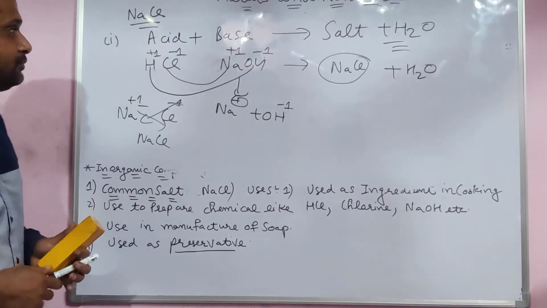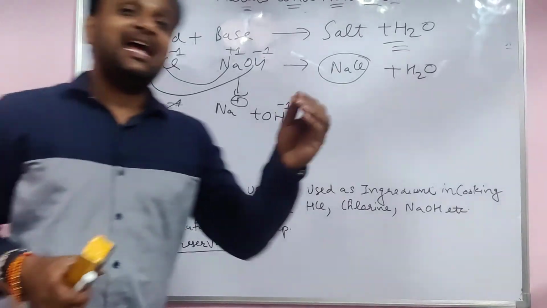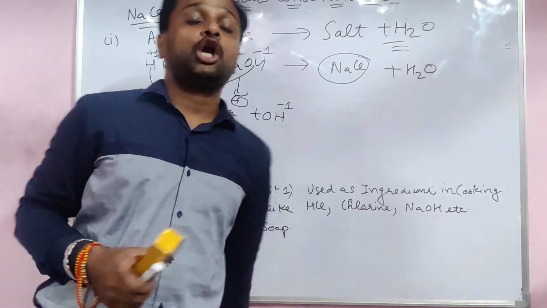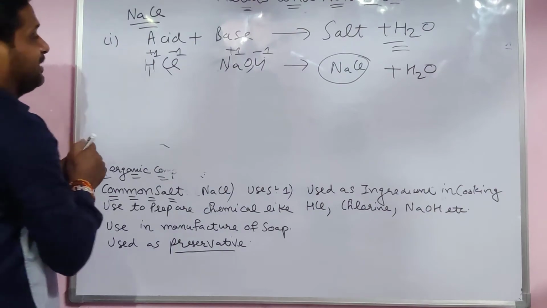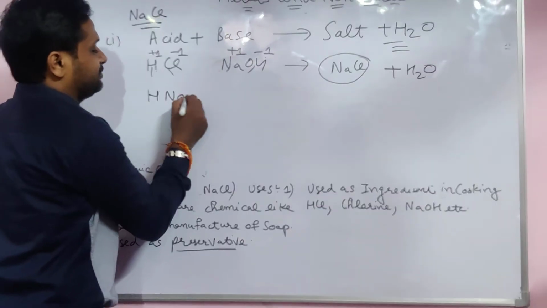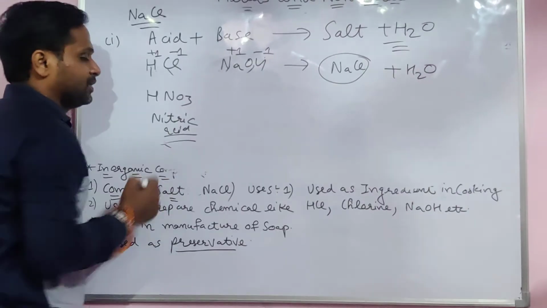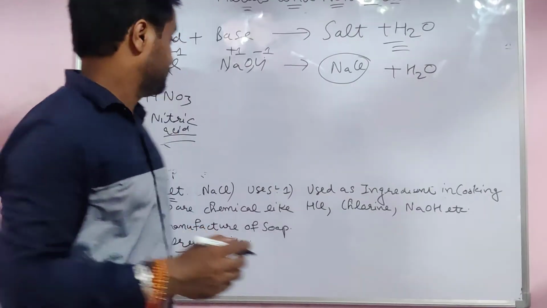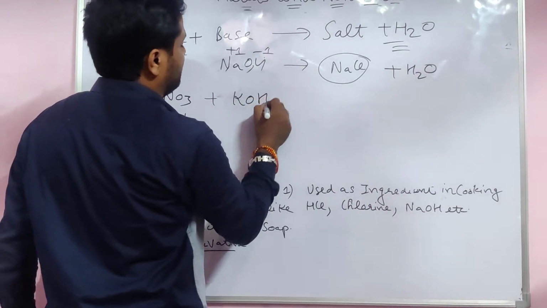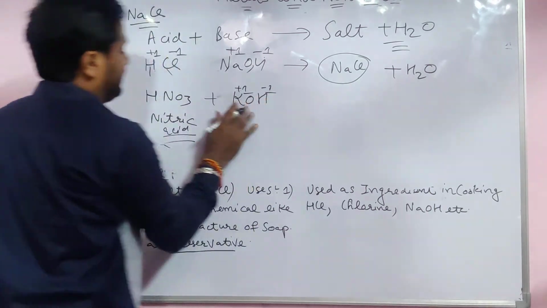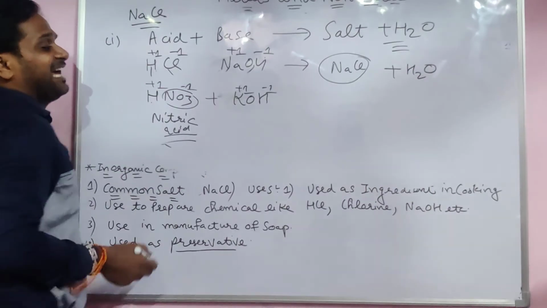Note there: acid plus base gives salt plus water. When you put the acid in base or base in acid, that forms salt plus water. Any other reaction? For example, HNO3, nitric acid, reacts with KOH, potassium hydroxide. This is also a base, this also an acid. H positive, NO3 is 1 negative, the nitrate.